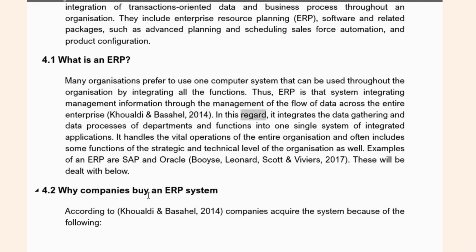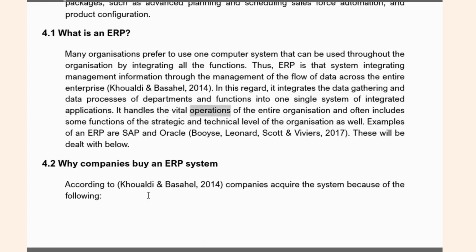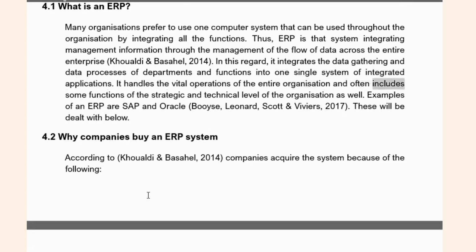In this regard, it integrates the data gathering and data processes of departments and functions into one single system of integrated applications. It handles the vital operations of the entire organization and often includes some functions of the strategic and technical level of the organization as well. Examples of an ERP are SAP and Oracle, Boyes, Leonard, Scott and Viviers, 2017. These will be dealt with below.